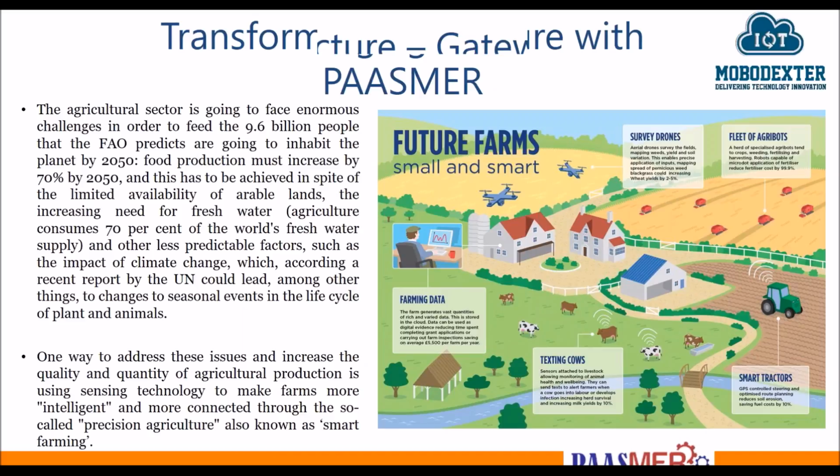We have agri-bots, which are specifically for harvesting crops or spraying fertilizers and things like that. Smart tractors are GPS controllable, and you can plan preventive and predictive maintenance. This entire approach is called precision farming or smart farming. This is one of the key areas where Paasmer will be able to transform agriculture.